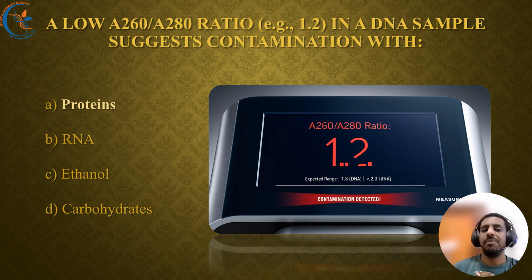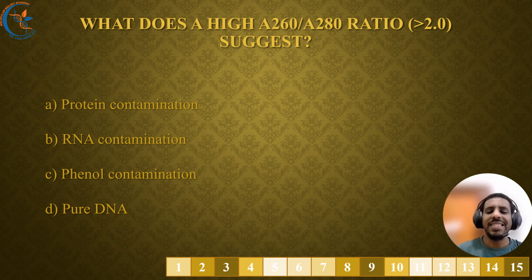When a DNA sample has a low absorbance 260 over 280 ratio, below the expected 1.8 for pure DNA, it suggests the presence of protein contamination or other substances like phenol. All right. What does a high absorbance 260 over 280 ratio, more than 2, suggest?